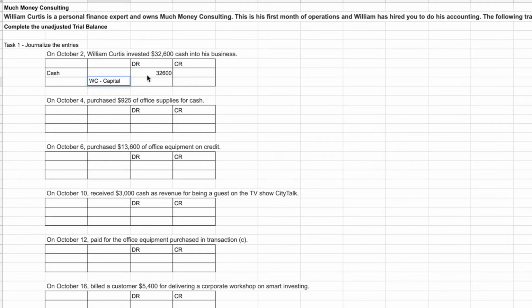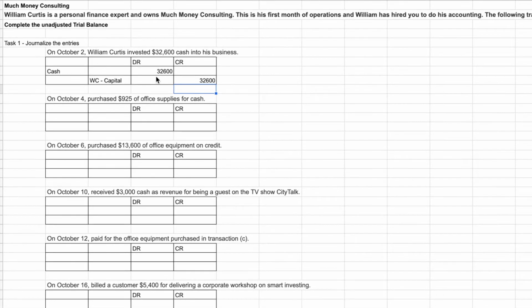So these are the two accounts, and that will be credited for $32,600. Why is it credited? Well, by definition, a capital account, which is found on the other side of the balance sheet equation, is an owner's equity account, and if we increase owner's equity, it is by definition a credit. So this would be the journal entry for the first item.